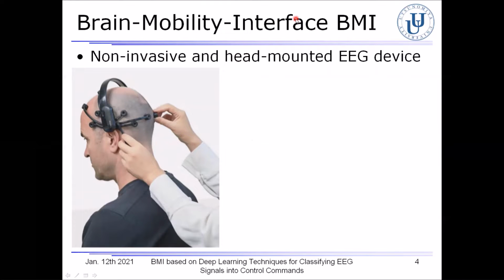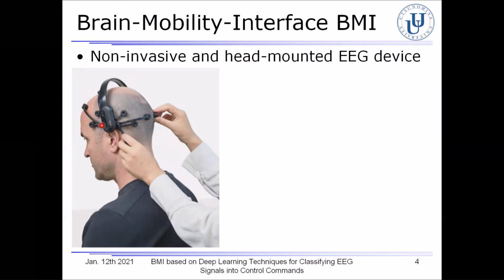Okay, in the proposed brain mobility interface, which is also abbreviated as BMI, a user wears a non-invasive and head-mounted EEG device. Measured EEG signals from the user are fed as inputs to control command classifiers.